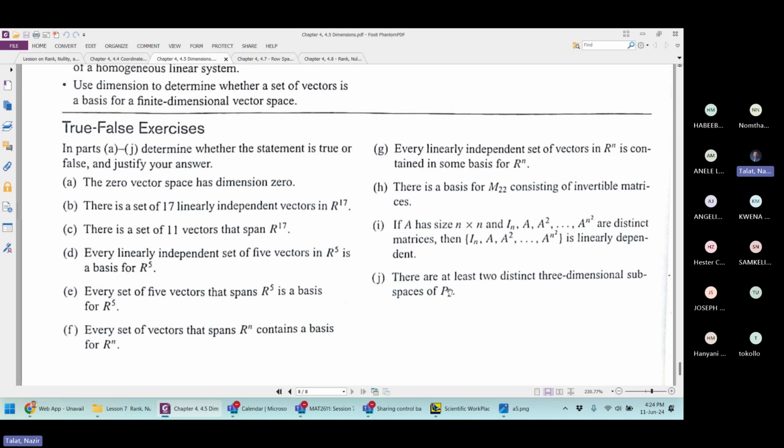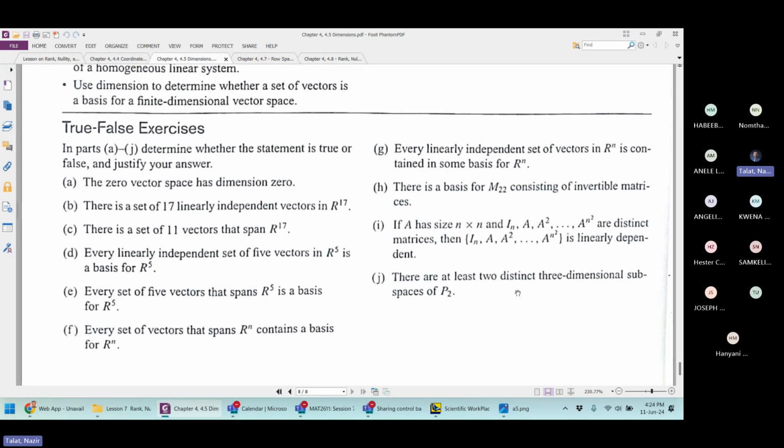And there are at least two distinct three-dimensional subspaces of P2. Yes, P0 and P1 are subspaces which are distinct, and there are two distinct three-dimensional subspaces.